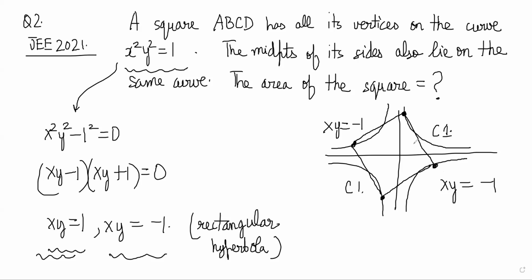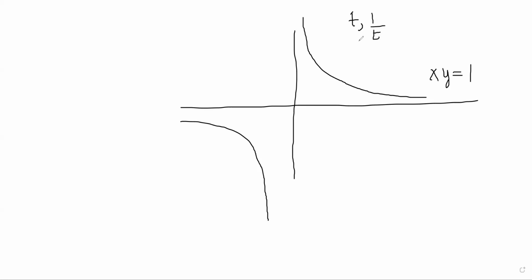And because all of them are lying on the two hyperbolas, we should try to use parametric form of the hyperbolas to try to figure out what we can do here. So when I say that there are two hyperbolas xy equals 1 and xy equals minus 1, the parametric form of any point on this curve would be t comma 1 by t, right?